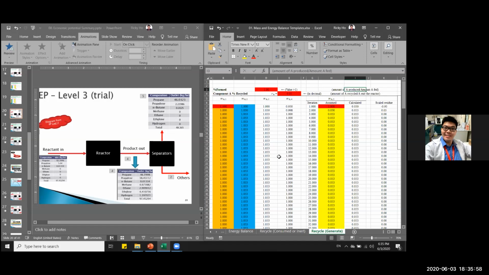So how much propylene is produced here? You produce 38.45112 divided by the amount of A fed, which is 5.04. So the ratio will be 7.629.